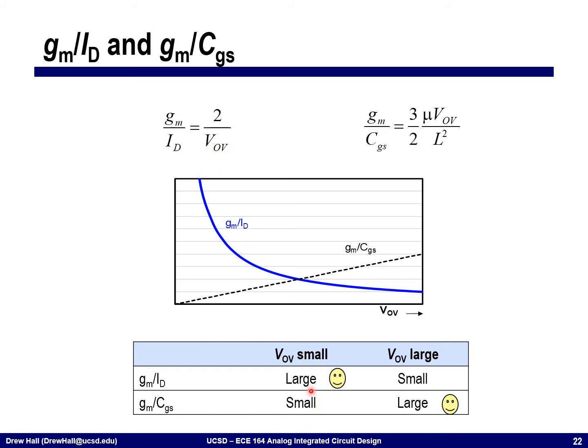This leads to a contradiction that I'm summarizing in the table here. With small VOV, I get large GM over ID, but small FT. For large VOV, I get small GM over ID, but large FT. And so the question is, is there a sweet spot? Is there somewhere I can bias the technology to get the best of transconductor efficiency and FT?